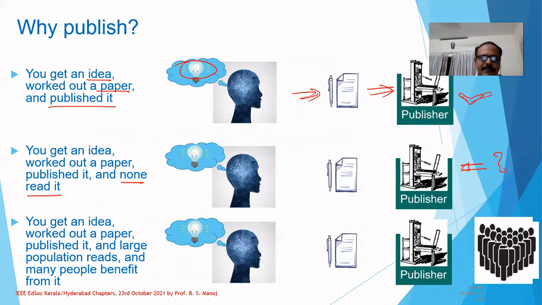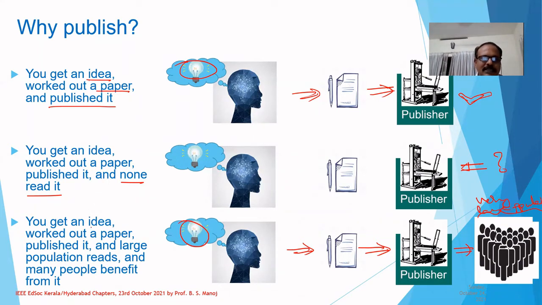So the best thing is, you have an idea, you wrote a paper about it, you publish it, and your paper is actually visible to a very large community of people. So you are able to communicate your idea to a very large population of researchers, scientists, students, or others.